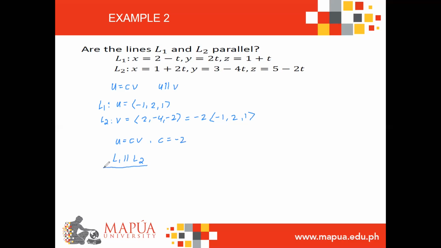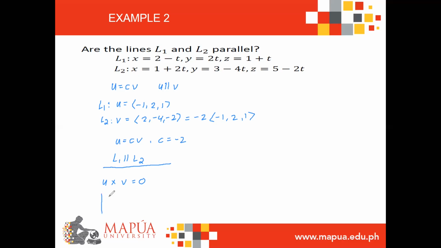There is another concept of defining if two lines are parallel, and that is by using their cross product. If the cross product of these two vectors becomes 0, then we can also say that line 1 is parallel to line 2. So let us now find the cross product of these two vectors.